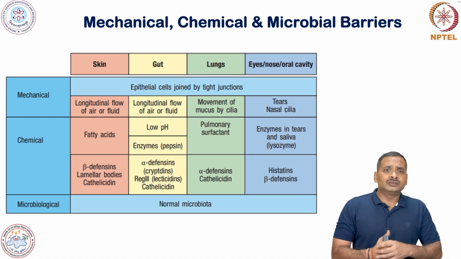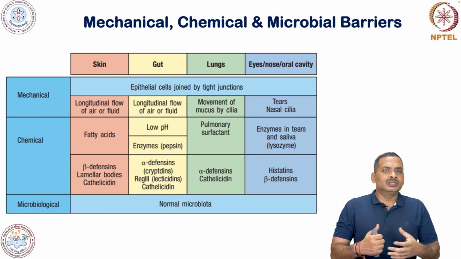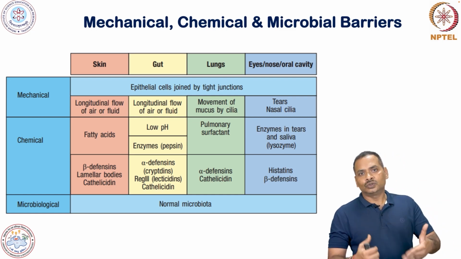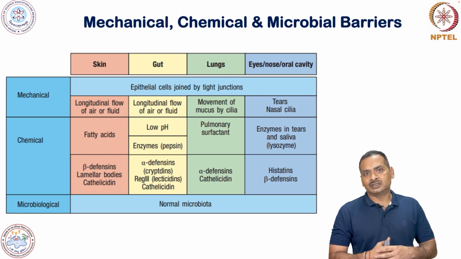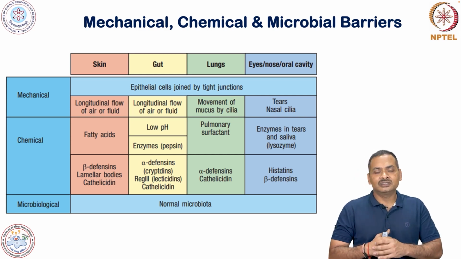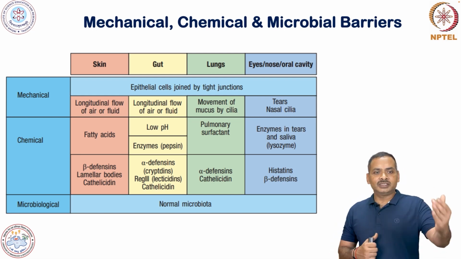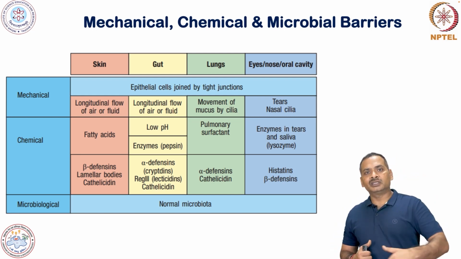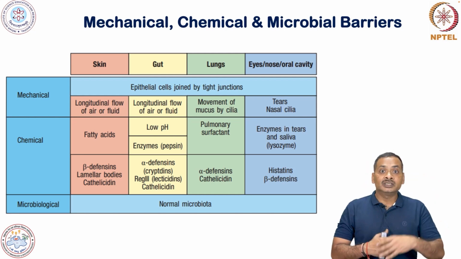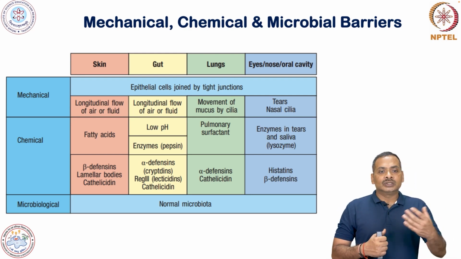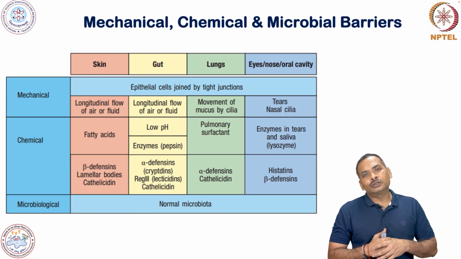So all these molecules are continuously doing their job. That is why we do not fall sick. We rarely fall sick, right? Not every moment we are sick, right? Because these mechanical and chemical barriers keep on working. In addition, there is a microbiological barrier which has a normal microbiota.